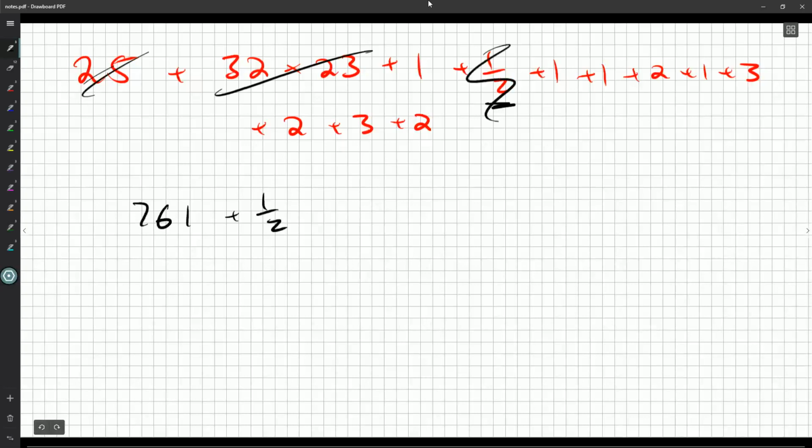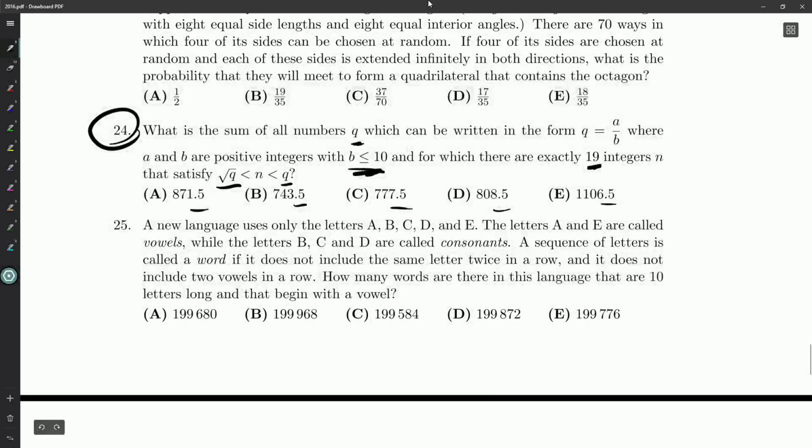And then 1 and 1 and 1 and 2 and 1 and 3 and 2 and 3 and 2. So plus 16. So that should be 777 and a half, or 777.5, I think is the way they presented their answers. Is that an option? It's staring at us right in the face. It's C, and that's what I'm going to go with.